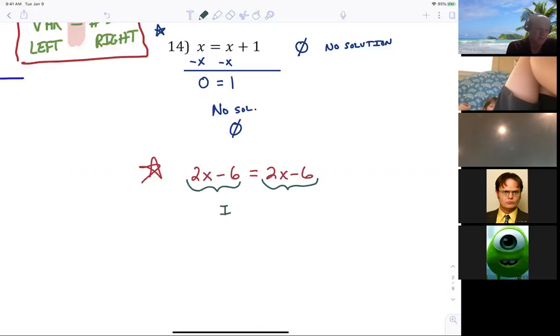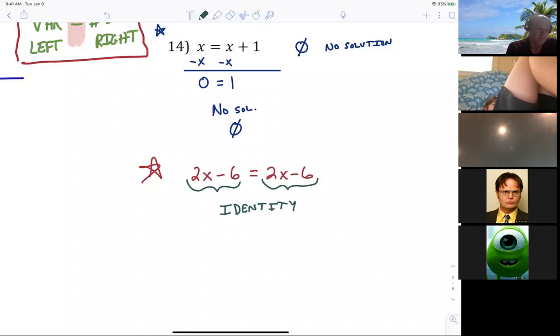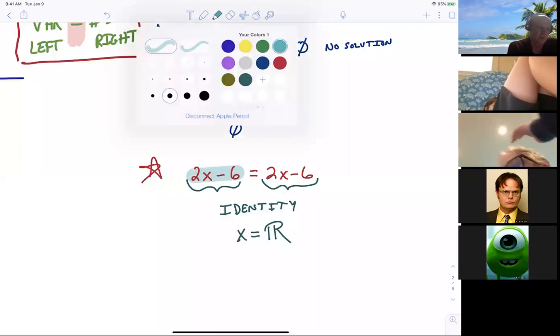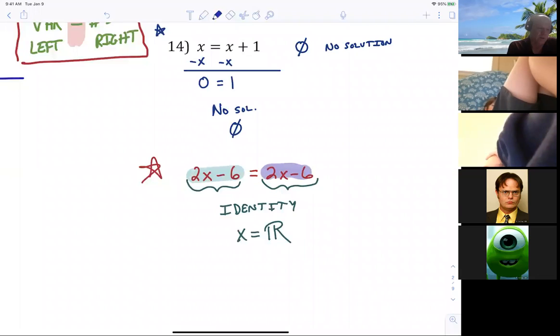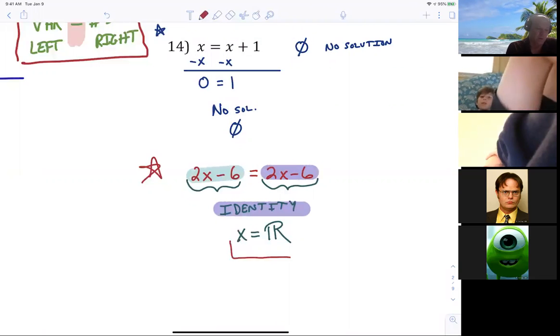We say this is an identity. And so we could say x is all real numbers. It doesn't matter what number we plug in for x, the left side will always equal the right side. 2x minus 6 is always equal to 2x minus 6. That's why we call this an identity, and it is in fact all real numbers.